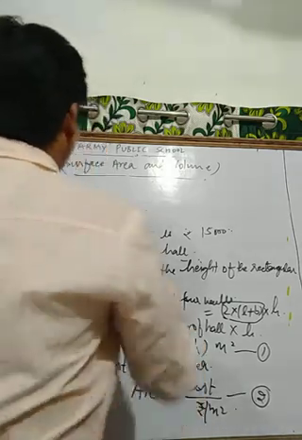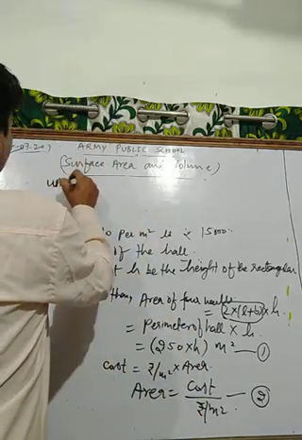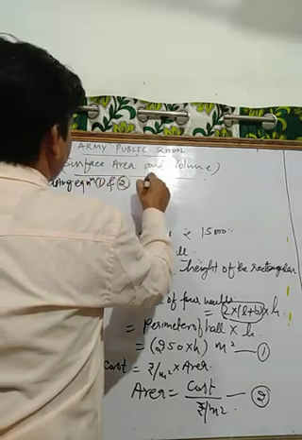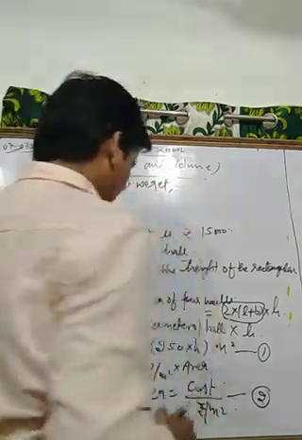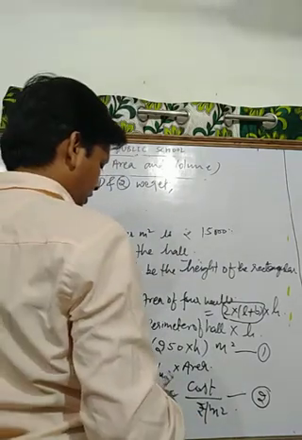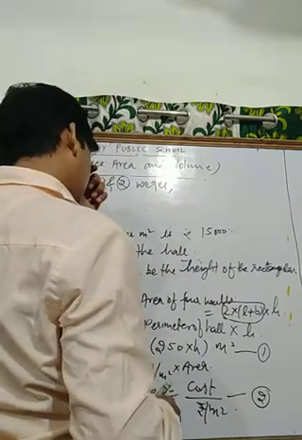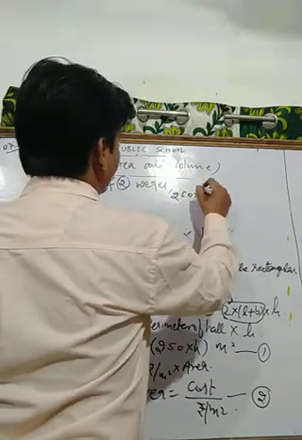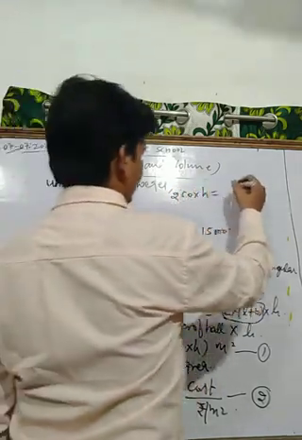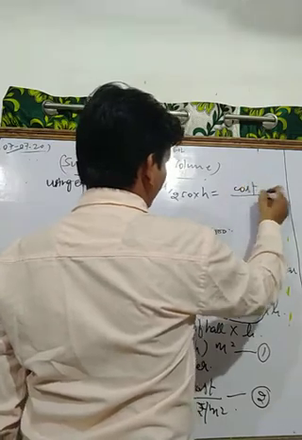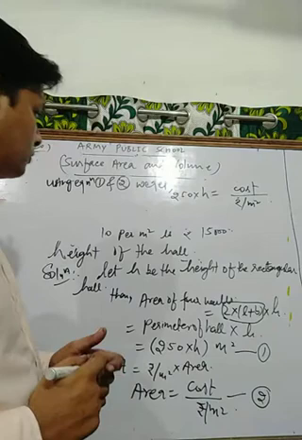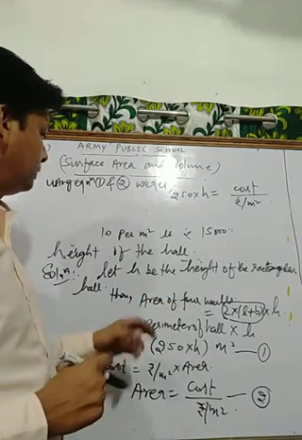Then using equations 1 and 2 we get area 250 into h is equal to cost upon rupees per meter square.